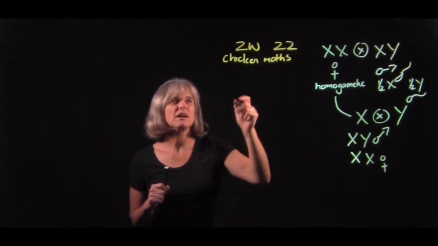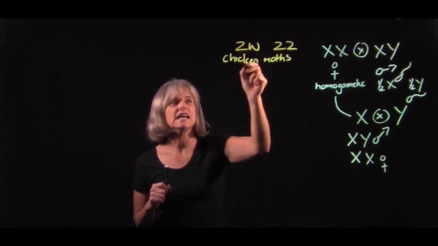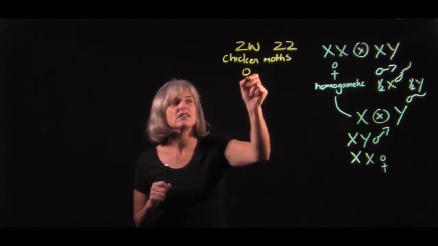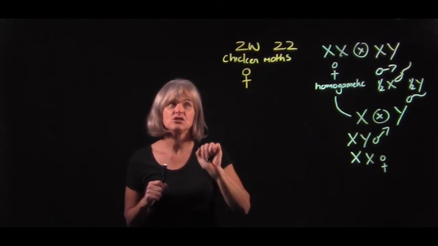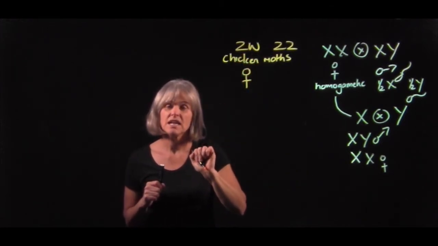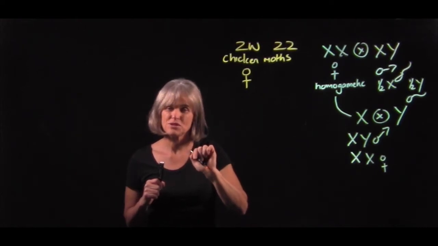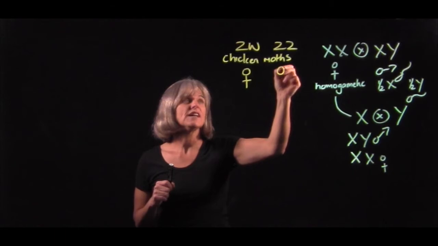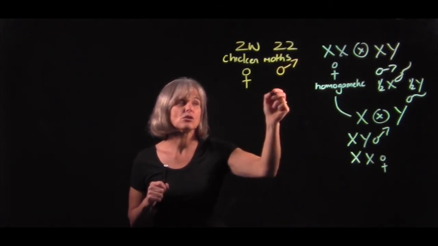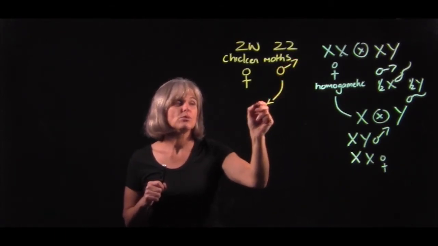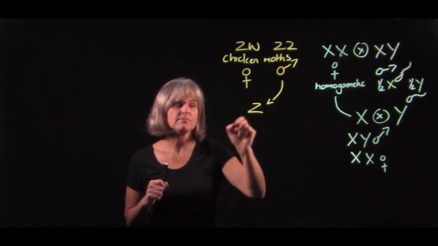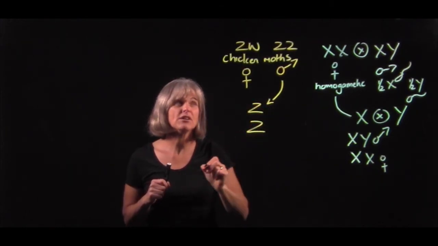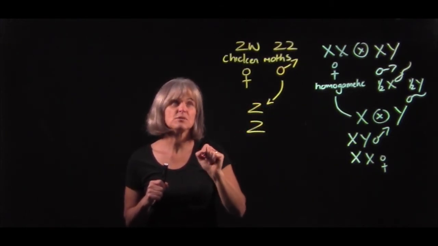And what's interesting about this situation is that in the case of chickens and moths, the female is the one that has the two different chromosomes and therefore is responsible for determining sex. The male is the one that has two identical chromosomes, thereby producing just Z-bearing sperm, just one type of sperm.